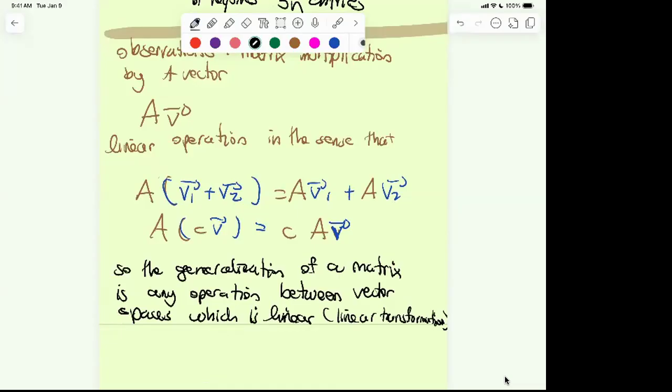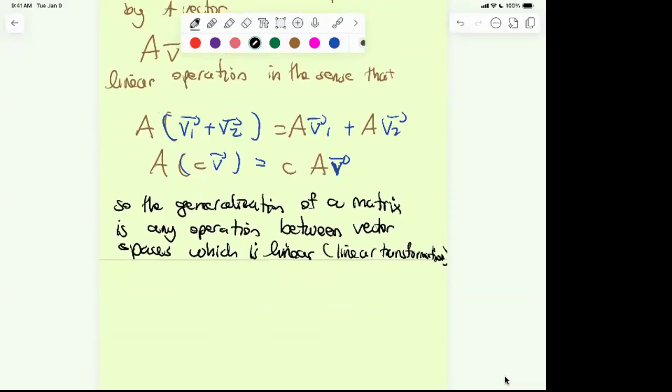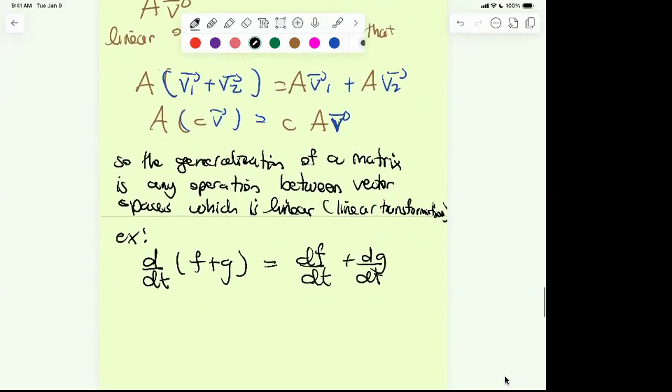There are interesting examples which fit this model, for example the derivative. If you remember how the derivative of a function works, assuming the function has derivatives, the derivative of a sum is the sum of derivatives, and the derivative of a constant times a function is just a constant times the derivative of the function.